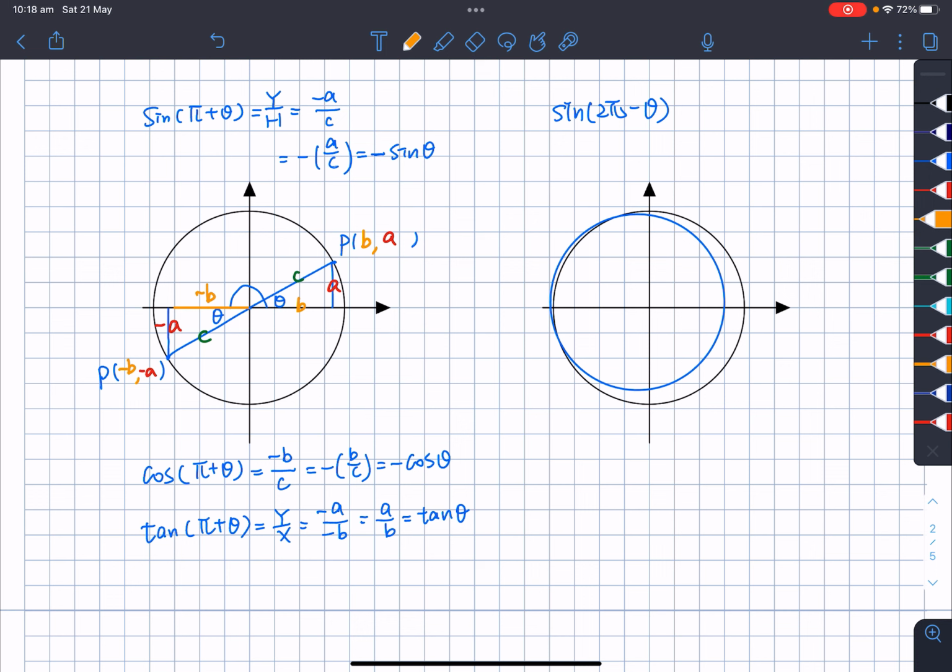So from 2 pi, minus theta will be here. So from the graph, 2 pi you turn around, positive 2 pi, and then minus theta you turn back, rotate clockwise. So you will get 2 pi minus theta will be here. From the graph, you will understand sine 2 pi minus theta equal to sine negative theta.